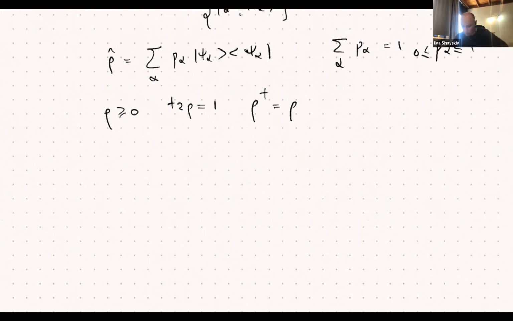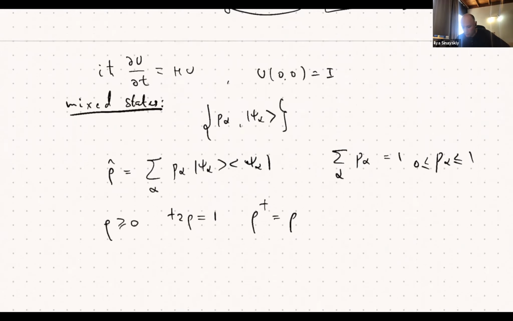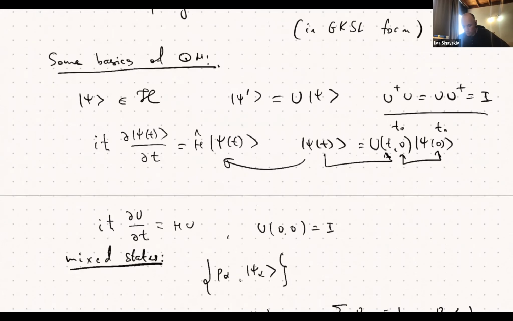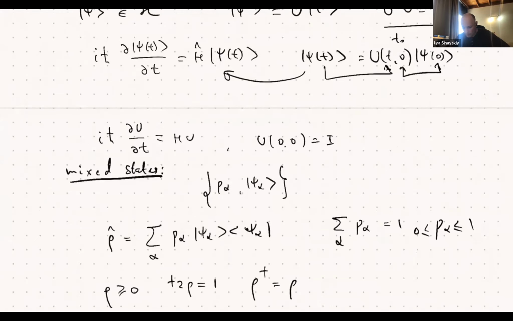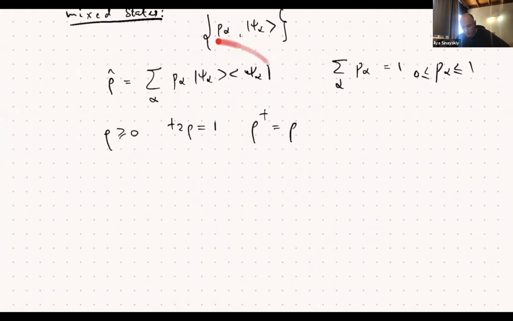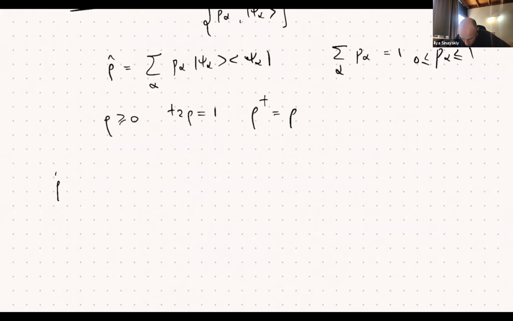What is the equation of evolution for the density matrices? The equation of evolution for the density matrices in the general case is called the Liouville von Neumann equation, and it essentially comes from the Schrödinger equation, or from the Schrödinger equation for the unitary operator. Essentially you take this mixture, and if you have some collection of initial states, you act from the left and from the right using the unitary operator, and you get a unitary dynamic, and you get the time dependence of the density matrix.